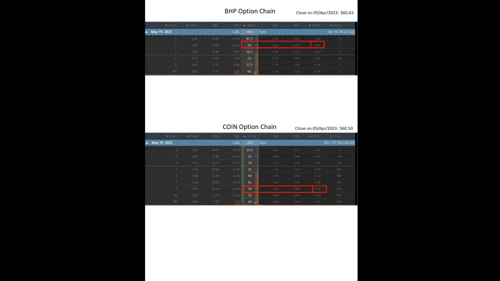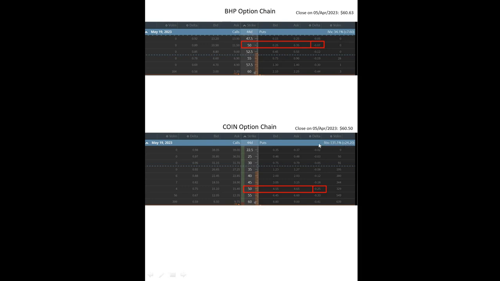If we go back one slide, we can see that a $60 strike price is trading at $9 for Coin, while it's only trading at $2.25 for BHP. That's because the expected movement for BHP is only 760, while for Coin it's 2420.